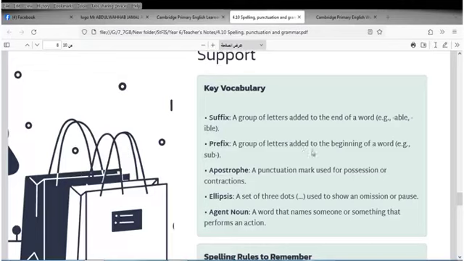A prefix is a group of letters added to the beginning of a word, like sub, which comes before the word to give a new meaning. An apostrophe is a punctuation mark used for possession or for contraction.